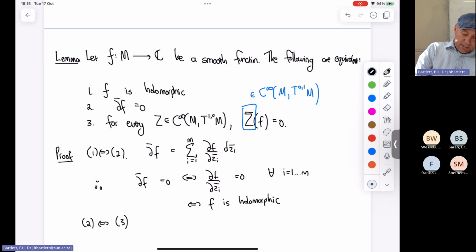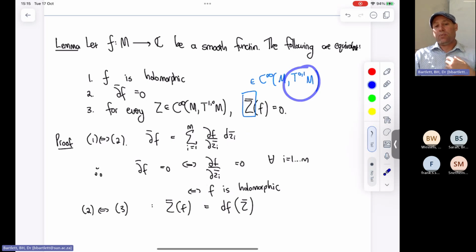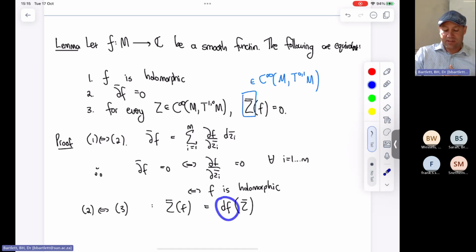Well, what is Z bar of F by definition? So that's this vector field applied to this function. By definition, you can calculate that as df evaluated on Z bar. And since Z bar is a vector field of type 0, 1, when I calculate df, I'm going to get a form of type 0, 1 and 1, 0.